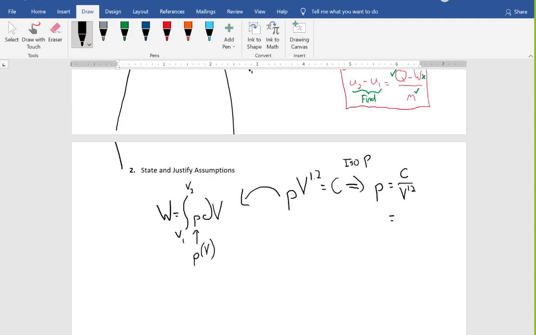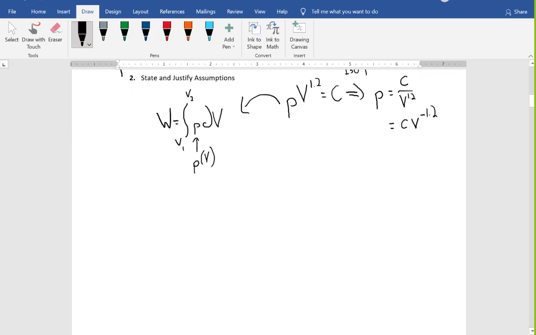Although personally, when I'm doing calculus, I prefer to write this as C times V to the negative 1.2. So now I'm going to put this back into here. My work becomes the integral from V1 to V2 of C V to the negative 1.2 dV.